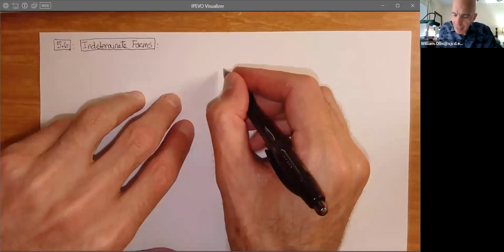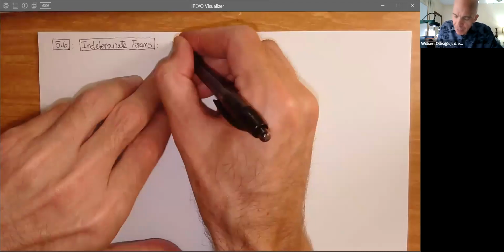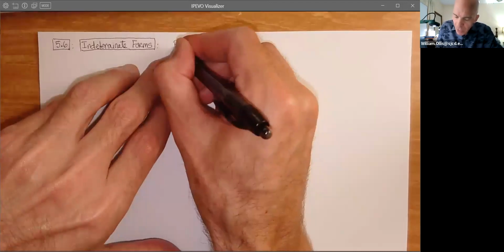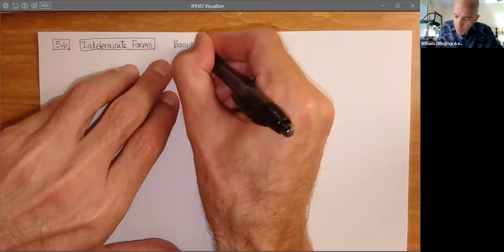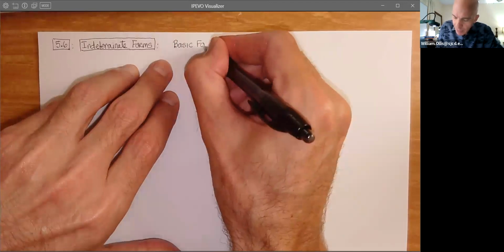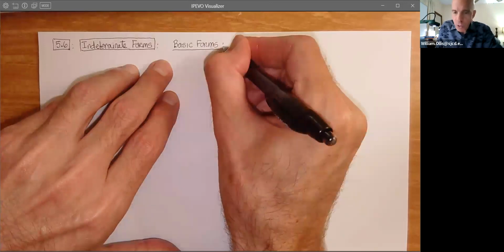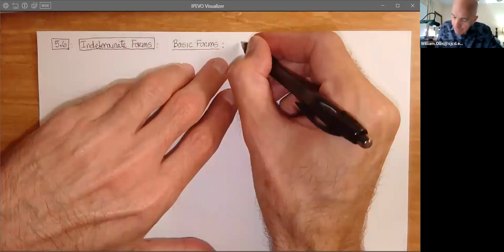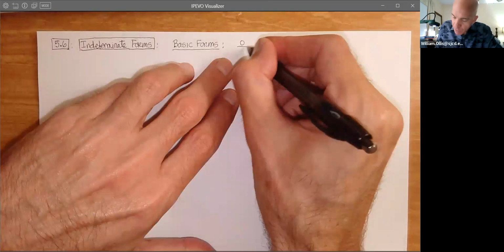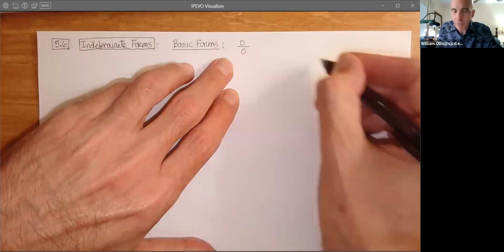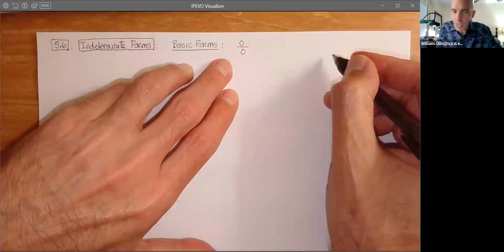Now, the basic forms for indeterminate form look like this. When we talk about limits of quotients, a very famous indeterminate form from when we talked about derivatives is 0 over 0.